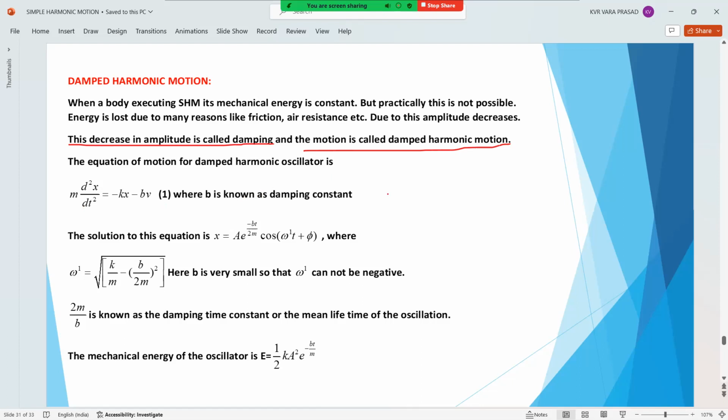Earlier we have taken F equal to minus k into x, so here it is m into d square x by dt square, that is nothing but net force equal to minus kx. Now in addition to that, we are taking here minus bv.